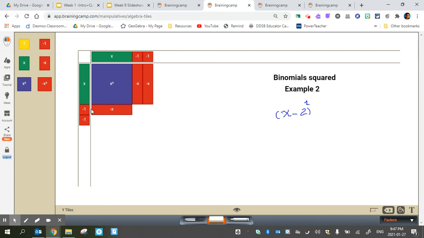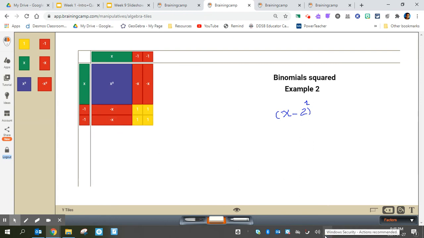And then I have negative multiplied by negative, which is going to be positive. So this is going to be negative 1 times negative 1 is positive 1. I need 2 of those. And the next row is going to be identical to this one because it is the same product. So all I'm going to do is copy it, and there it is.